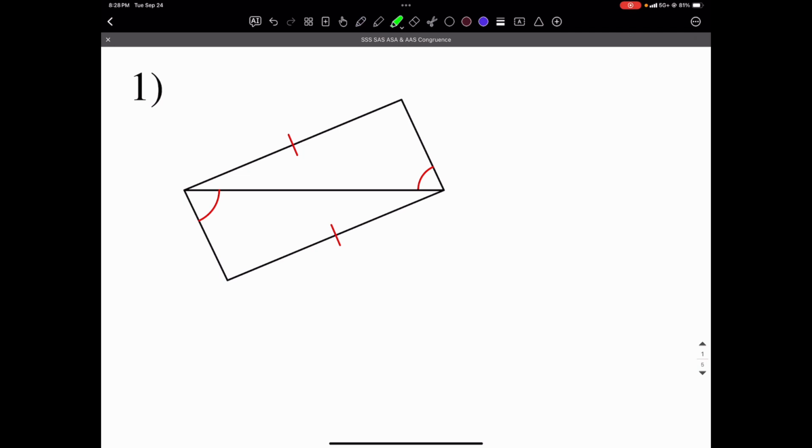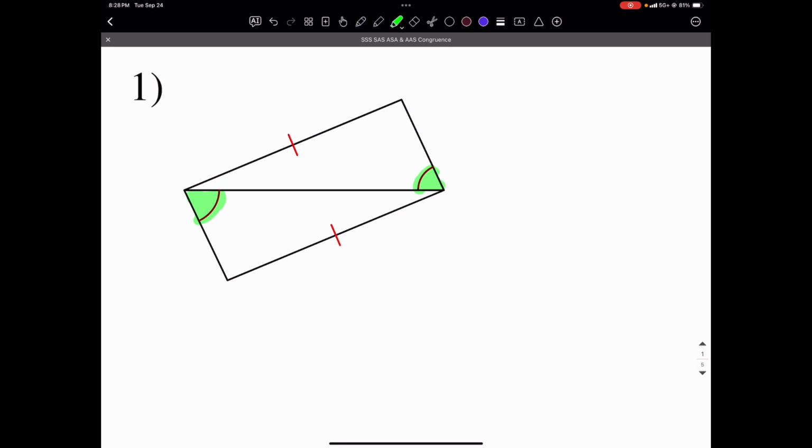So first, when I see that this angle has this red arc in it, and this angle has this red arc in it, I'm going to assume, since it's 1 arc each, that those angles are the same. Those are congruent angles.